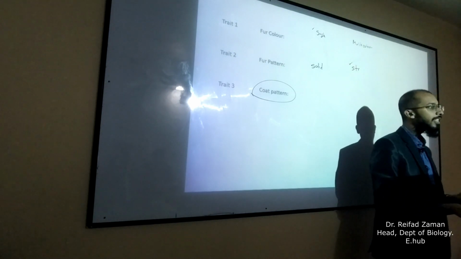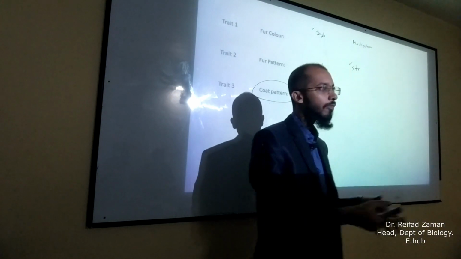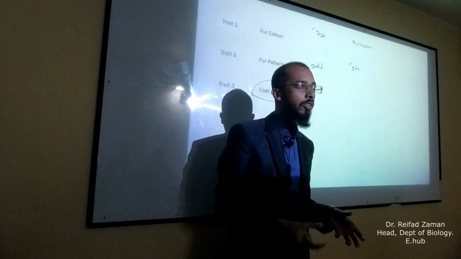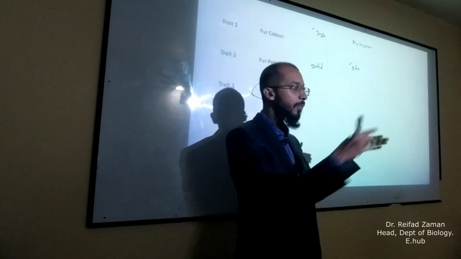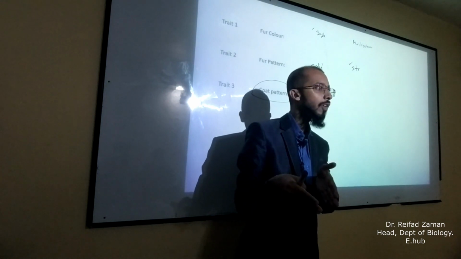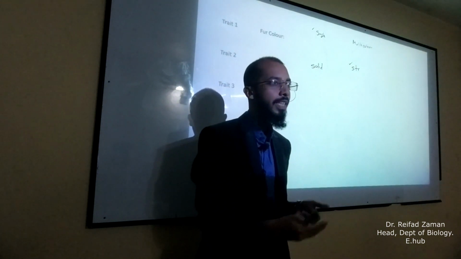So again, height is a trait influenced by several different factors or several different unrelated genes. Think about it, height has no relation with cystic fibrosis, but still that gene is influencing your overall height. So again, that can be considered as polygenic inheritance.